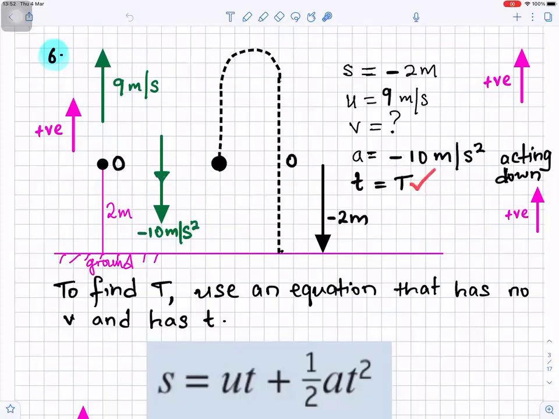We want to find t, which is capital T. So we want to find the time, and we want to use an equation that has no v in it, because we don't know what v is. It has t in it, and it has no v. So that's the one we're going to use.